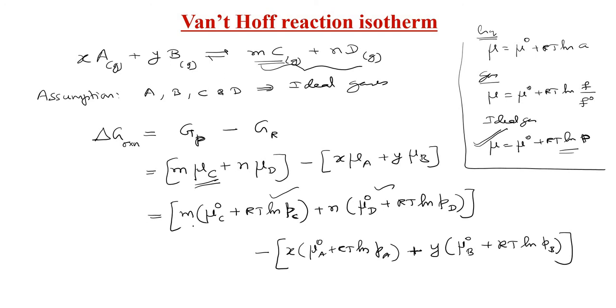Now listen, here we have M into mu naught C, here N into mu naught D, here X into mu naught A, here Y into mu naught B. So I am going to combine these standard chemical potentials together.